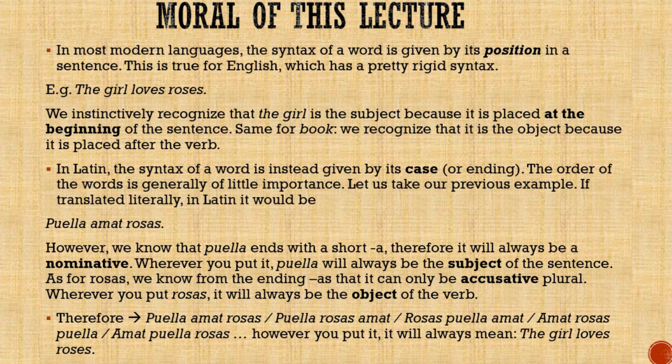Therefore, wherever you put it, puella amat rosas, puella rosas amat, rosas puella amat, amat rosas puella, amat puella rosas, however you put it, it will always mean the girl loves roses. And we know that because we have learned in this lecture how to analyze the different cases.